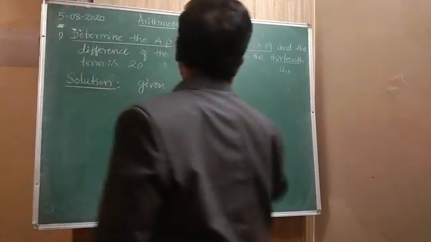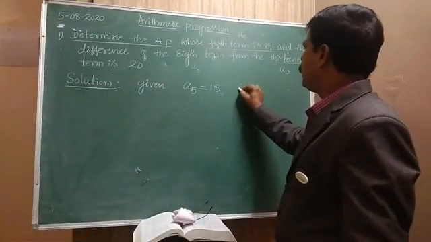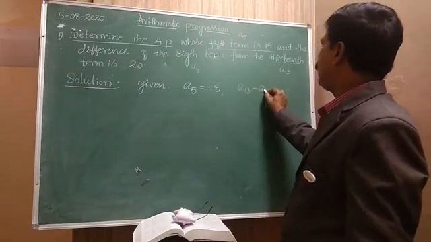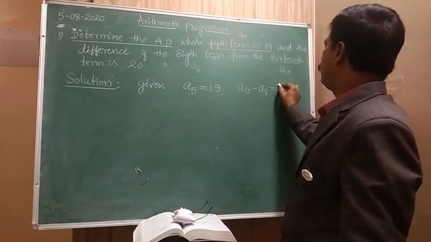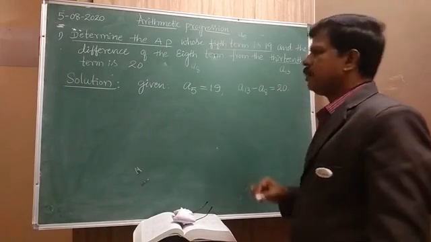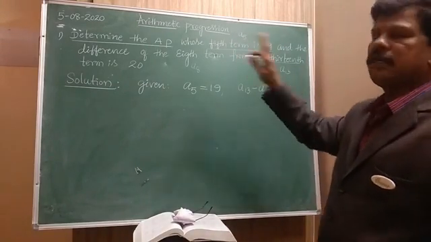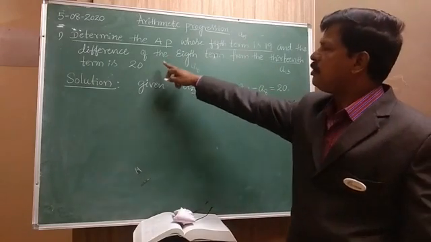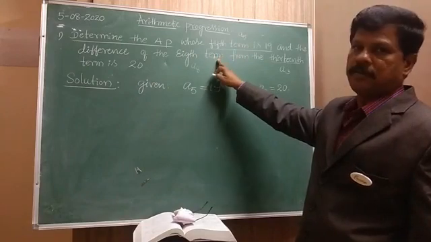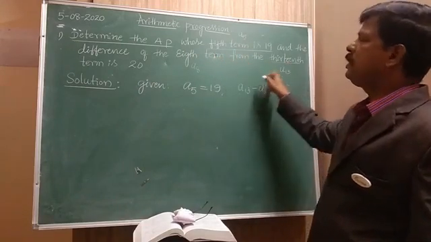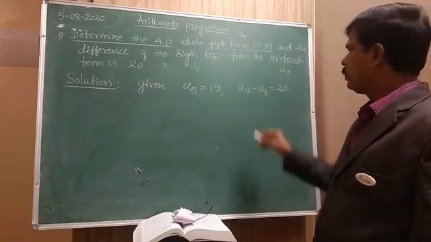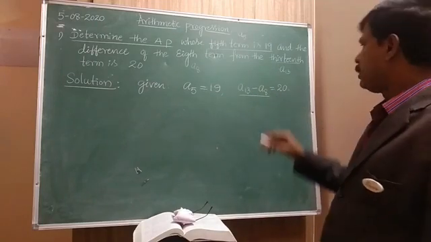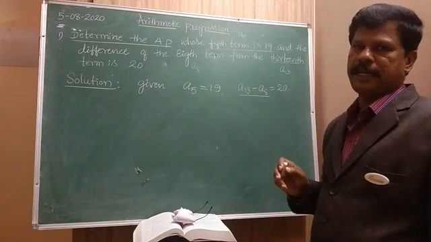And another thing they have given: A13 minus A8 is equal to 20. This is what they have given in the question. Look at this: the difference of the 8th term from the 13th term is 20. So this is A13 minus A8 equals 20.